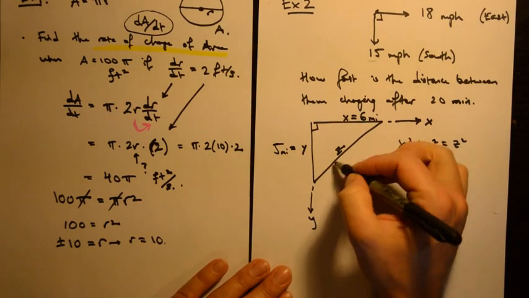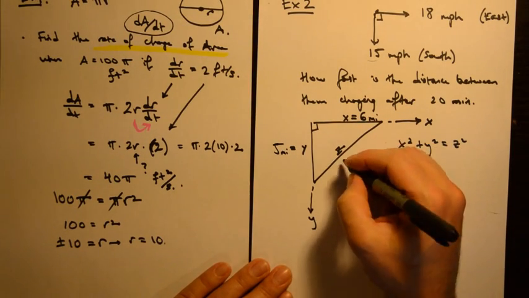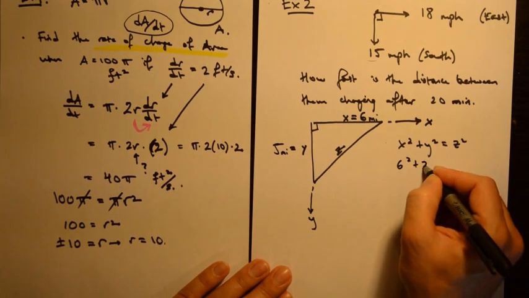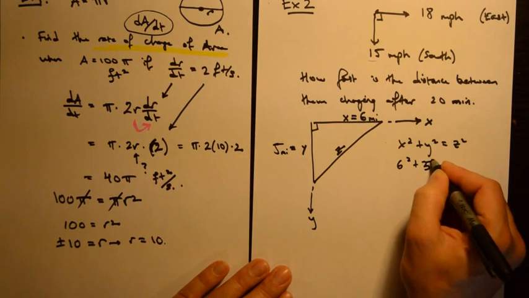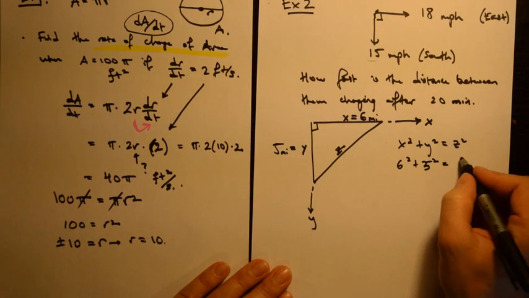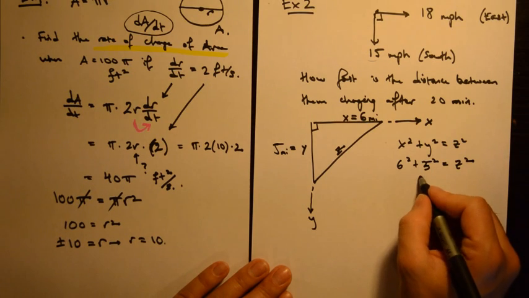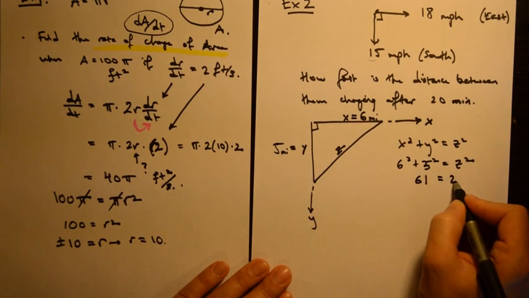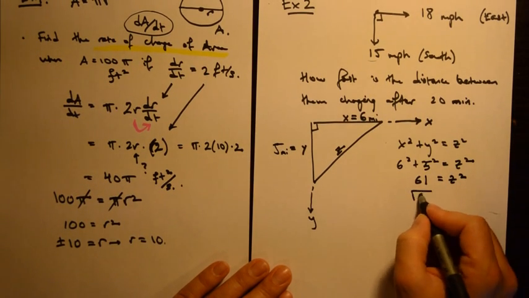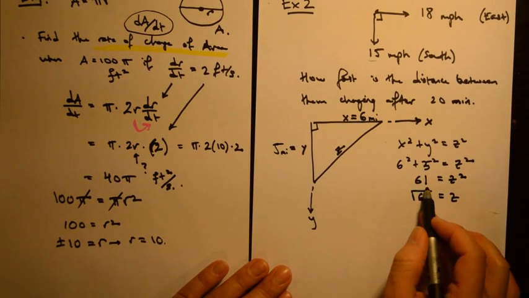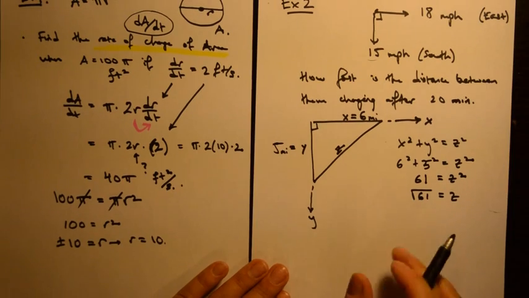And so now we could find z using that relationship. You have 6 squared plus 5 squared is equal to z squared. So 36 plus 25, 61, is equal to z squared. So the square root of 61 is equal to z. Don't be alarmed that this is not a nice square root. It just is the number that it is.